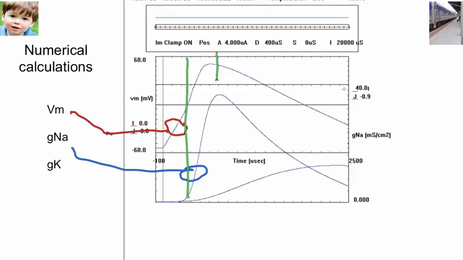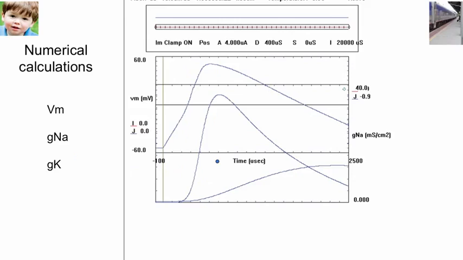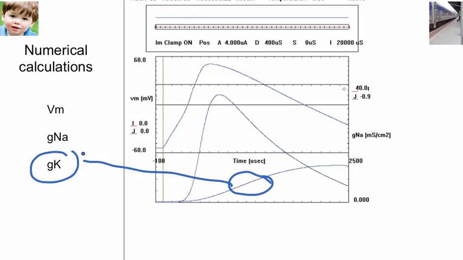These are both going up at pretty much the same time. GK is this curve. GK rises more slowly, crosses over right about here. GK grows higher than GNA.